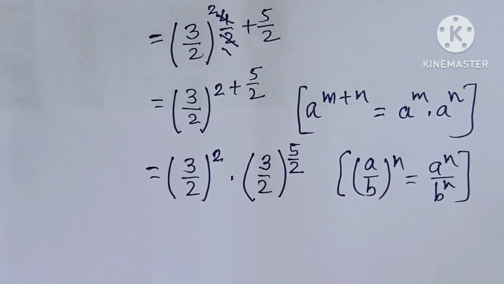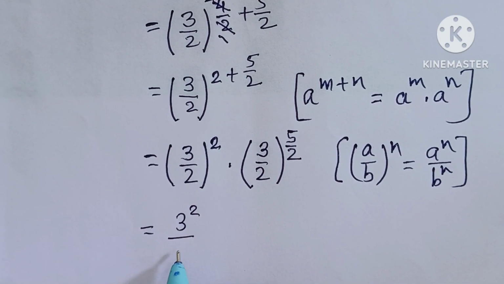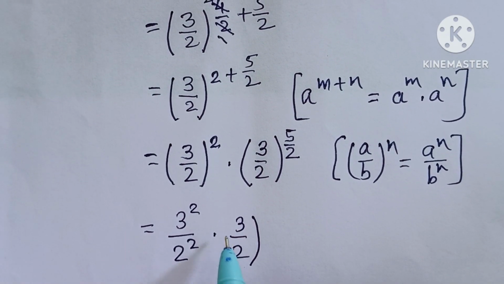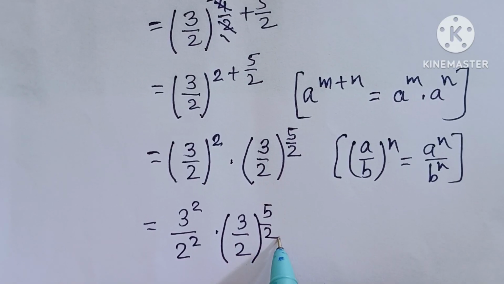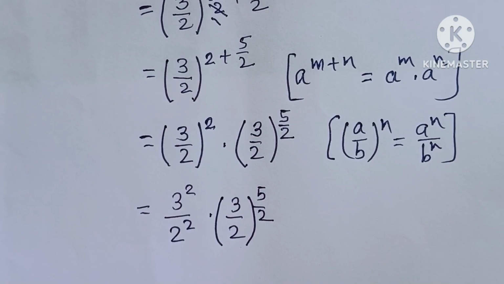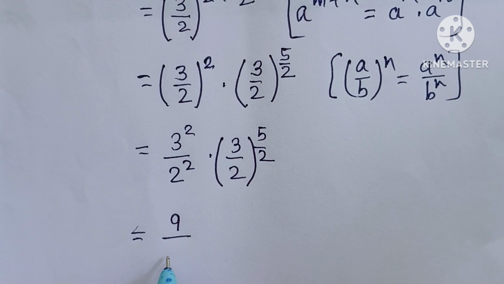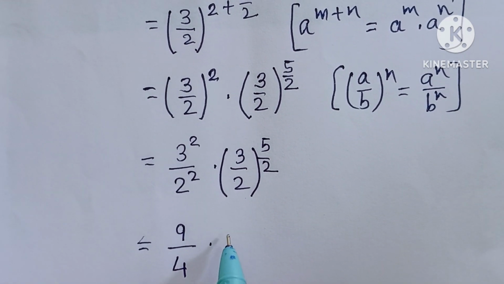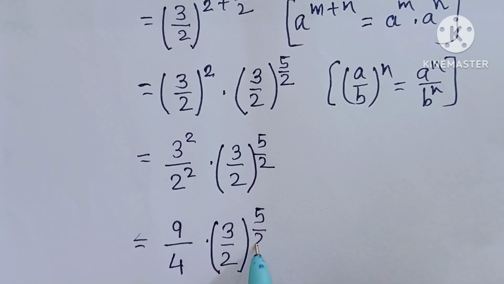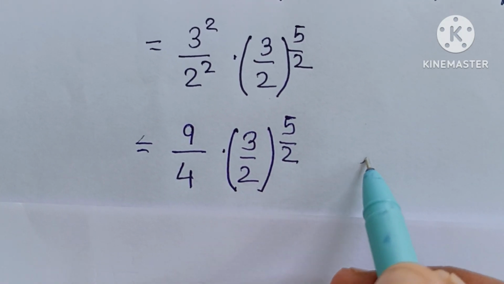Okay. Now square of 3 divided by square of 2 into (3 divided by 2) raised to the power 5/2. Now we can write here 3 square is 9, divided by 2 square is 4, into (3/2) whole raised to the power 5/2.